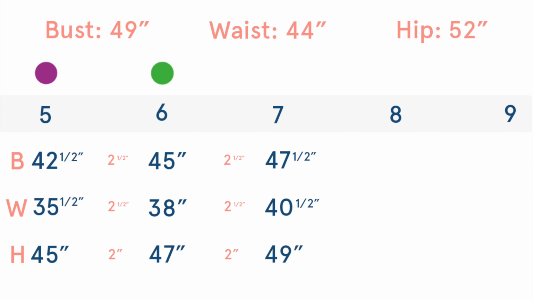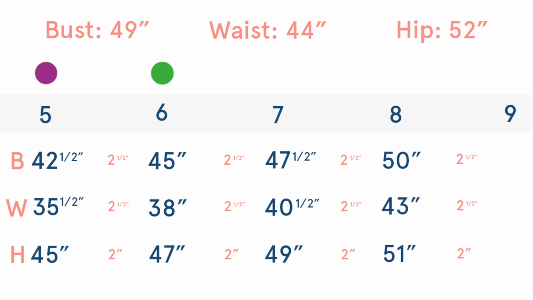And we're going to need to continue this up to a size 8 as well because we're not quite getting to the measurements we need. A size 8 would give us 50 inches at the bust, 43 inches at the waist, and 51 inches at the hip. Now, we can see that the bust measurement would fit the bust of 49 inches that we're aiming for.